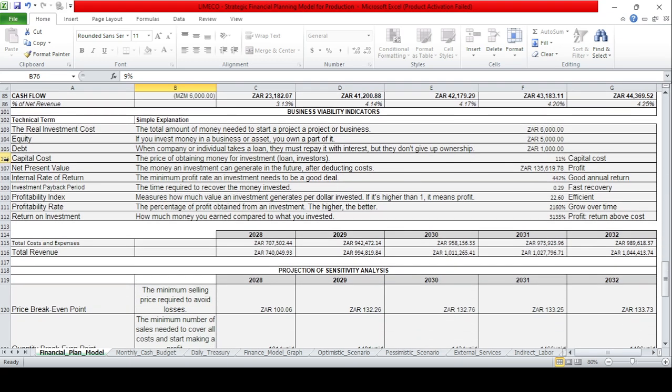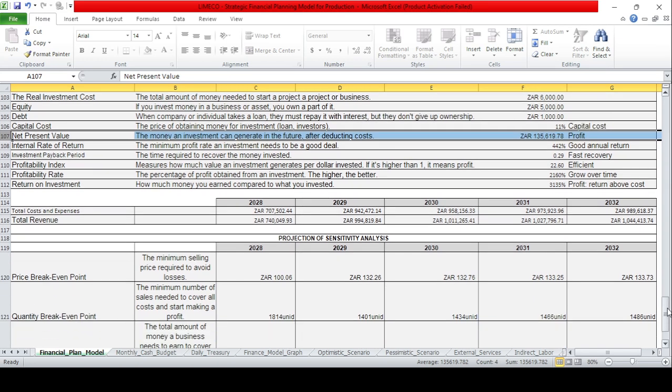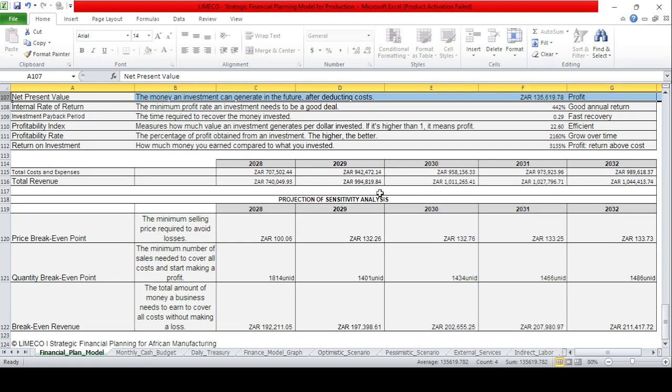Now we can check. Net present value is saying this business plan is viable because the net present value is positive. Now let's check the sensitivity analysis. It is saying we will need to sell at least 1,814 units.